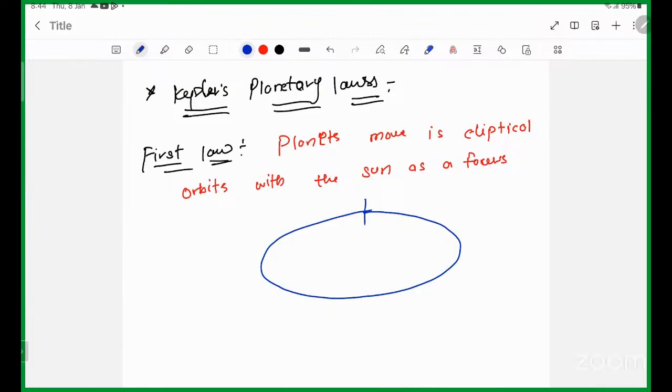It's a kind of elliptical shape, an ellipse, we call it. And like if sun is here, this is the sun.